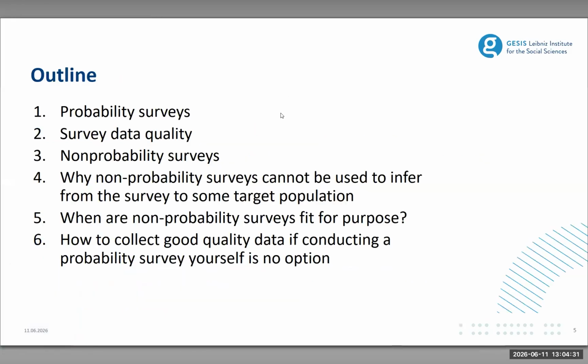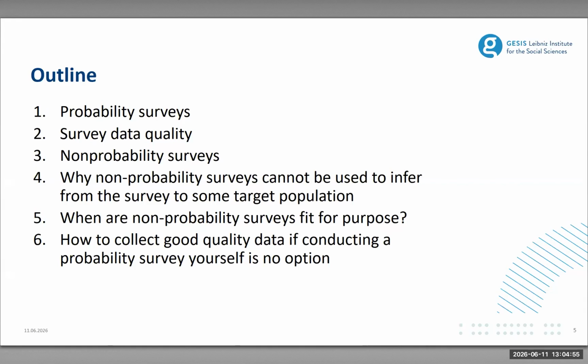So my presentation is structured as follows. I will start by defining and discussing probability surveys as a benchmark that I will then compare to non-probability surveys as a deviation from this benchmark, all using a survey data quality perspective.